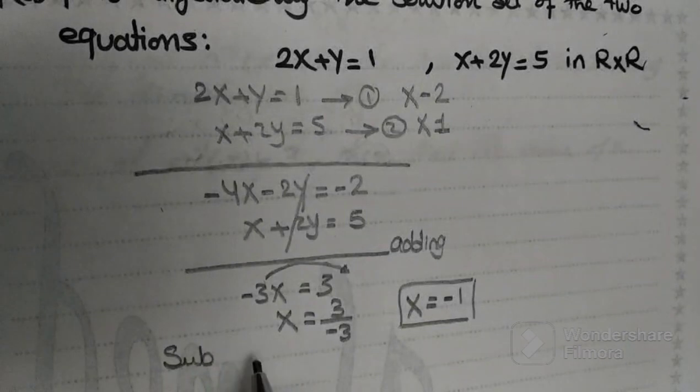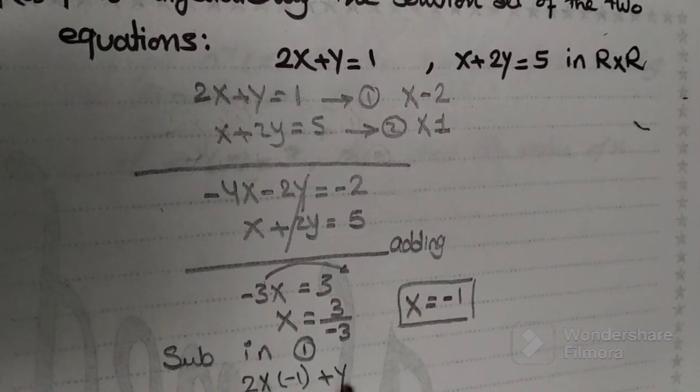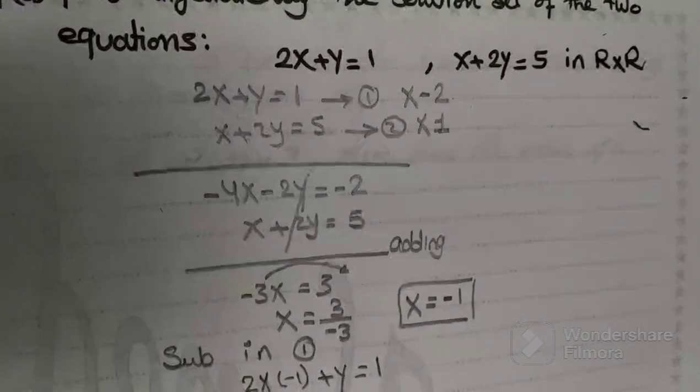Substitute in the first equation or the second equation. Number 1: 2 multiply -1 plus y equals 1. 2 by -1 equals -2, plus y equals 1.